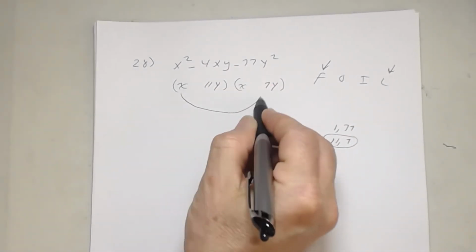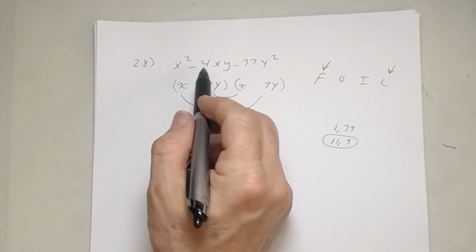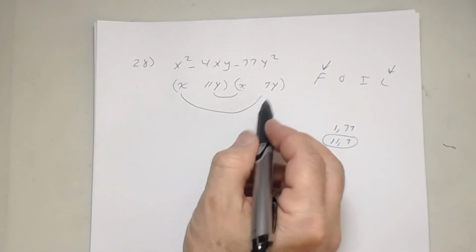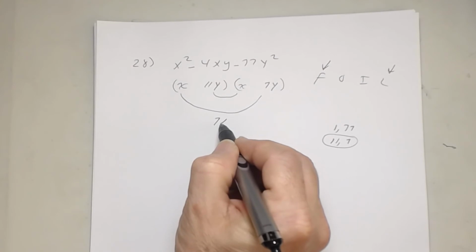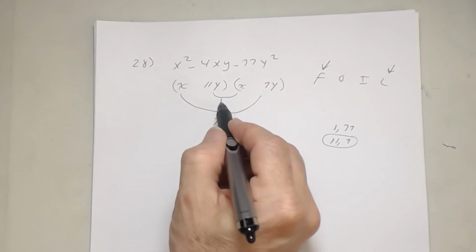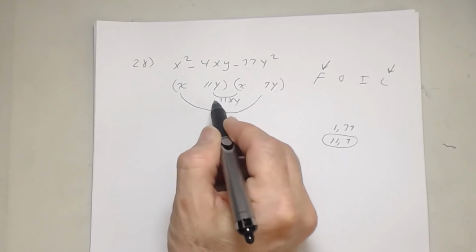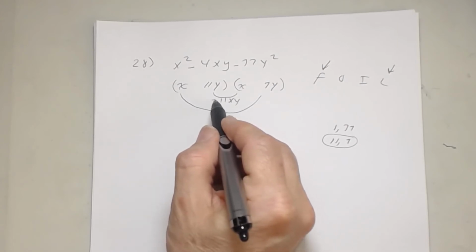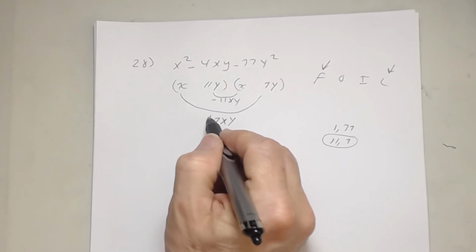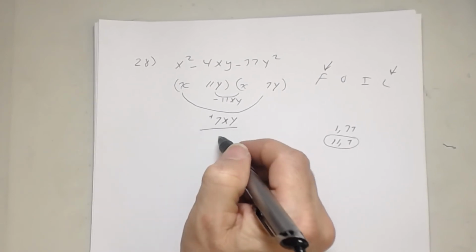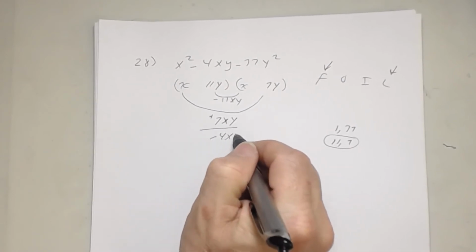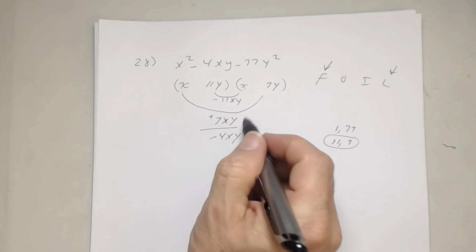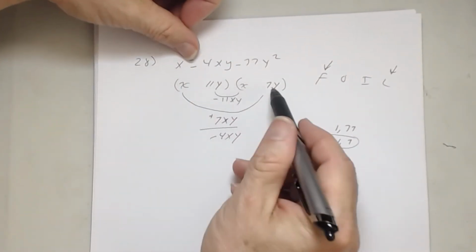The larger of these will take the middle sign. What's the outer? 7xy. What's the inner? So that means 11xy has to be negative and 7xy has to be positive. And when I add them up, I do get what? Negative 4xy.